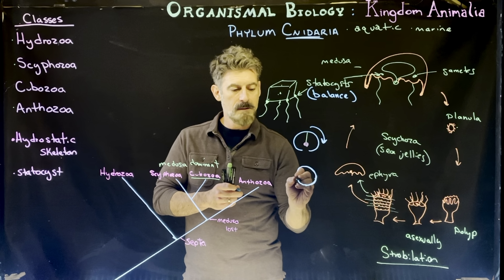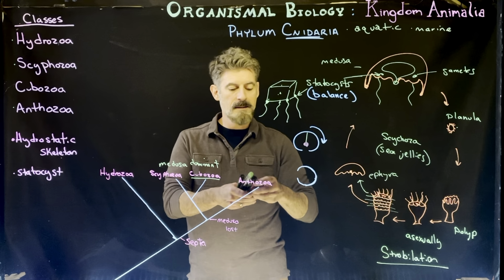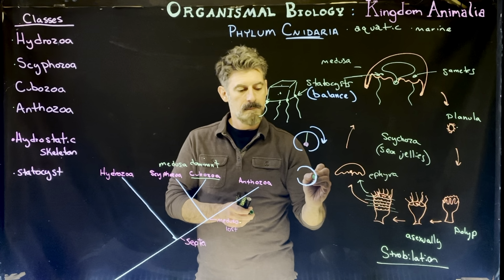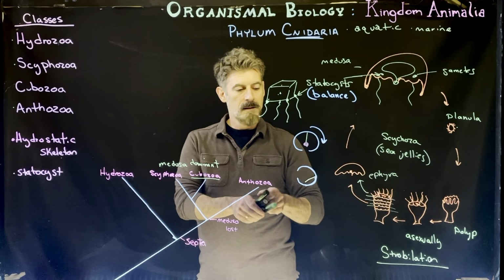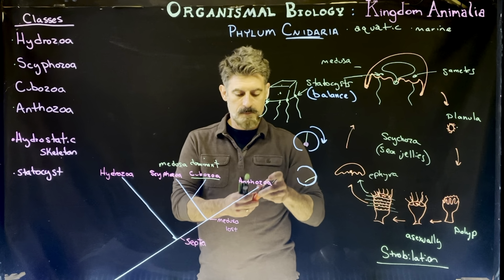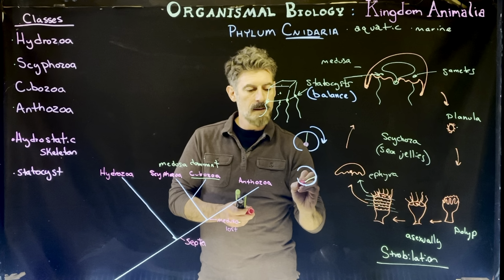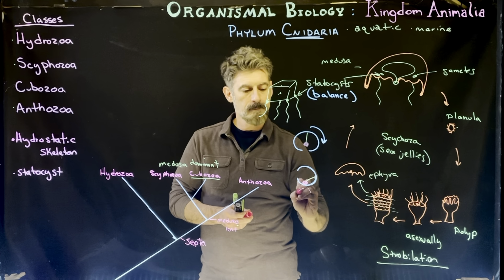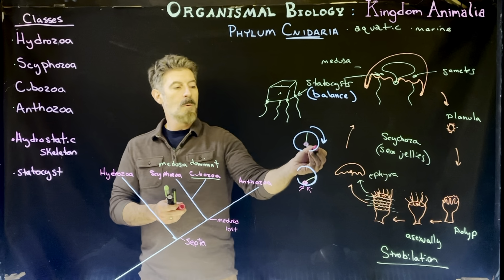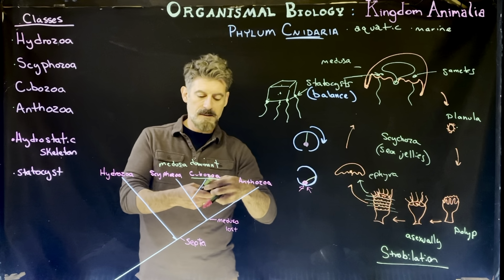What will happen is the organism moves sideways. The statocyst then moves and comes in contact with the side wall because the organism itself has tilted.